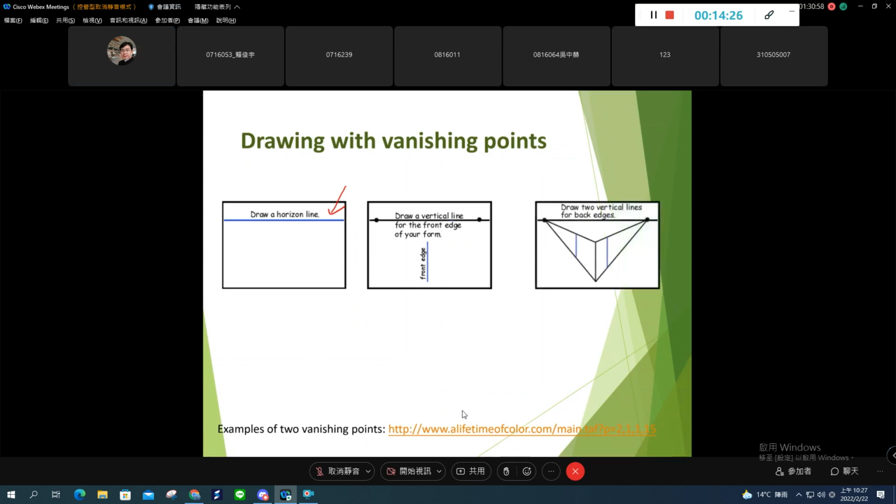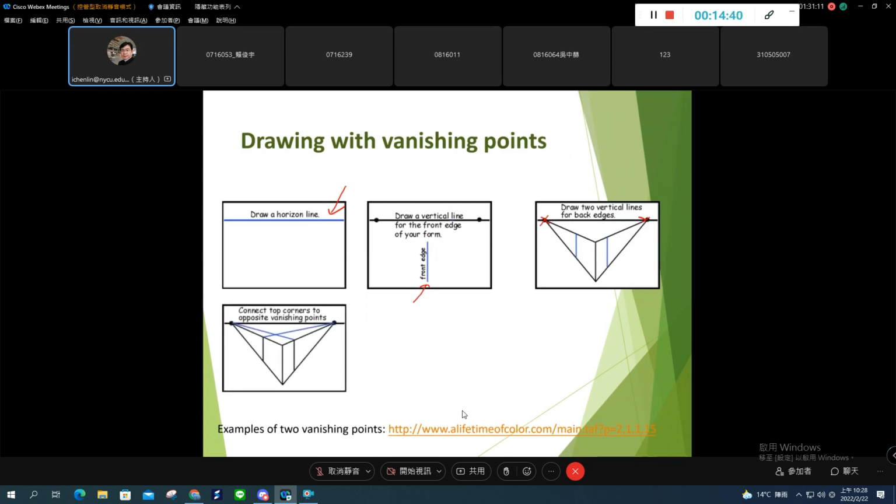If they would like to draw a building here, perhaps they can draw a vertical line here, then determine two vanishing points here, and then draw some lines. Then, based on these vanishing points, they can extend those lines to the horizon line, and afterward use a rubber to erase those extra lines. Then they can get a building or a box that fits the vanishing point rule.